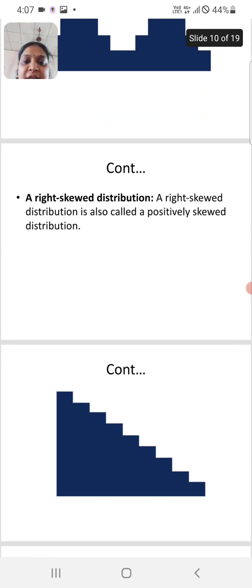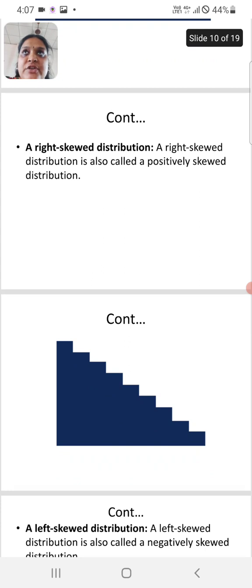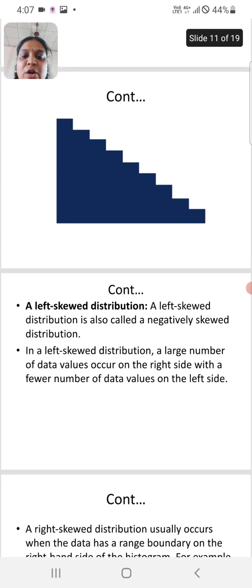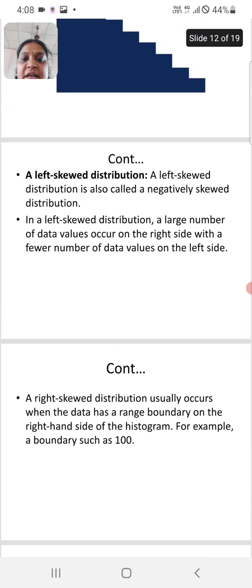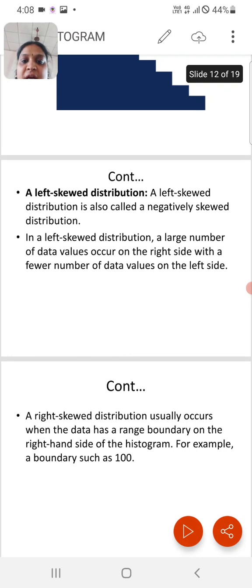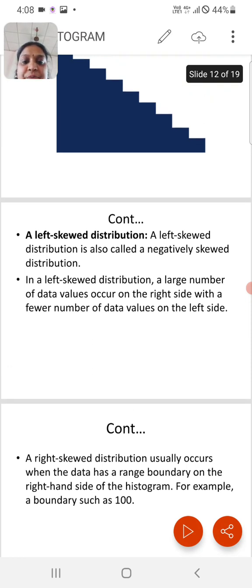And right skewed we name a positively skewed distribution, and a left skewed distribution is a negatively skewed distribution. Normally a right skewed distribution usually occurs where the data has a range boundary on the left side of the histogram, for example the data boundary should be 100, and a large number of data values occur on the left side.